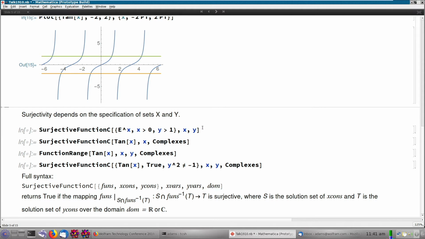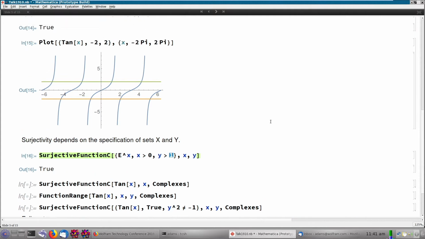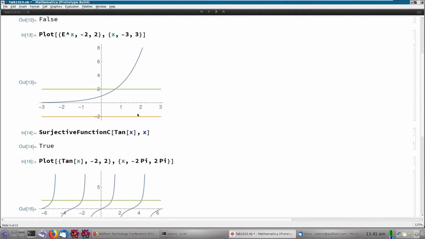And surjectivity again depends on the specification of sets X and Y. So if we specify that we want exponential, but only on the set of positive x's and into the set of y greater than 1, so we are looking at a mapping from positive x into y greater than 1, then the function is surjective.